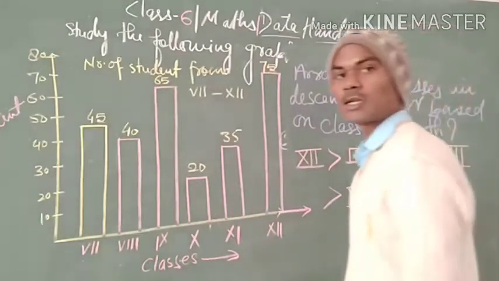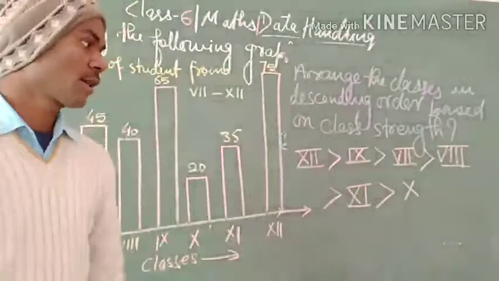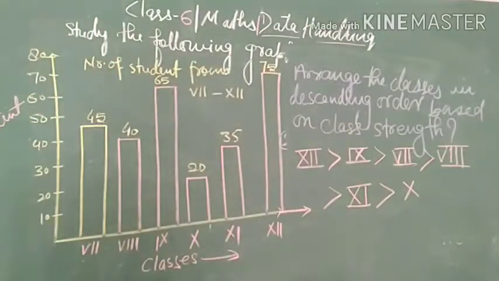So this order is the required descending order based on the number of students in the class. I hope it is clear to everyone.